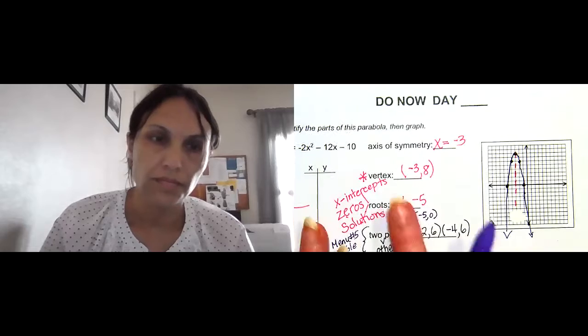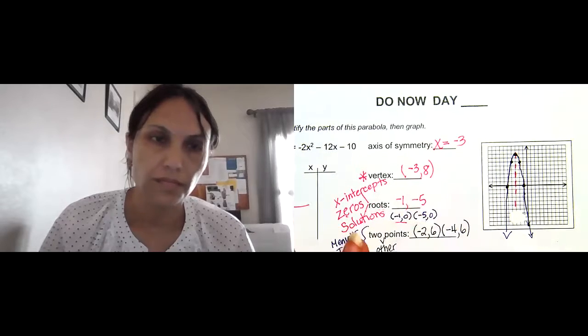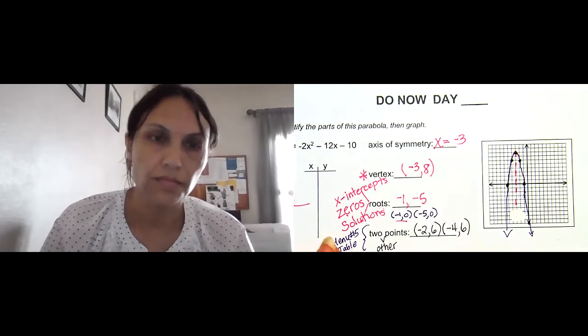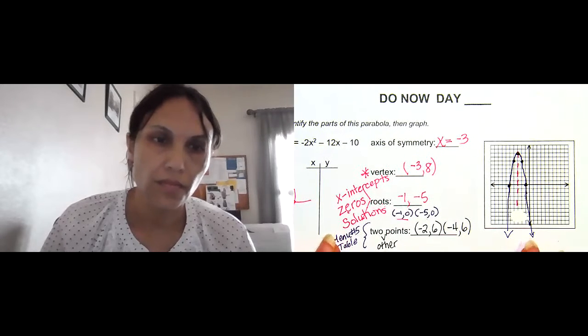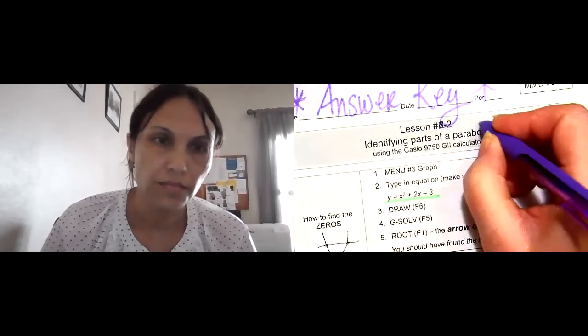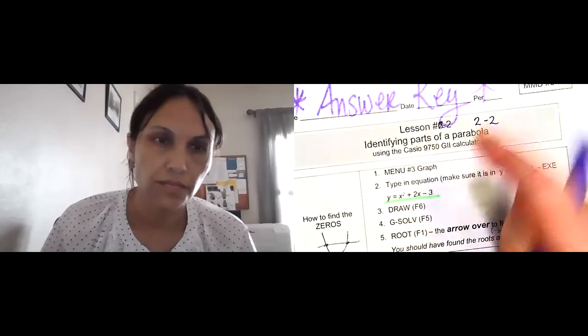So that's just a review of what we did Thursday, going through these different points. And again, the buttons that we pushed for the Casio are on this document, which is chapter 2.